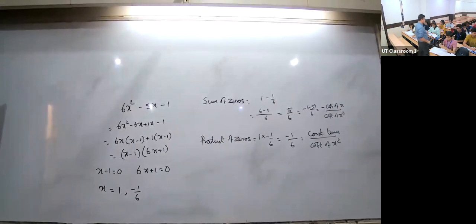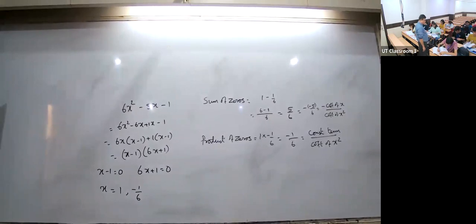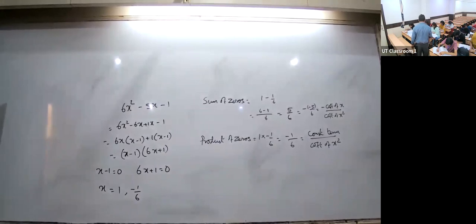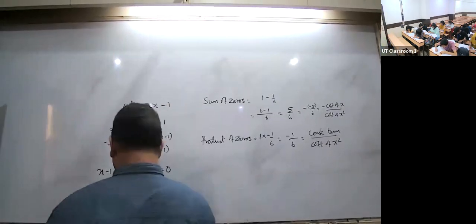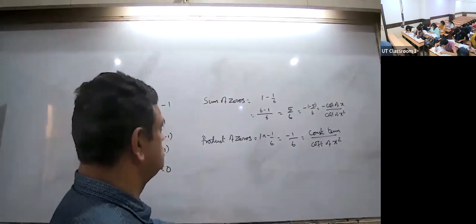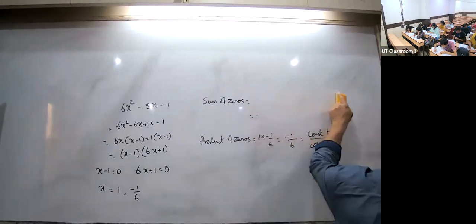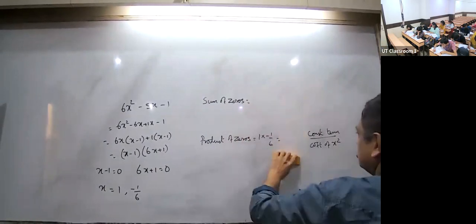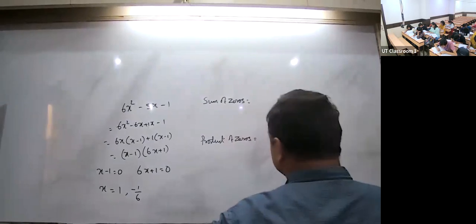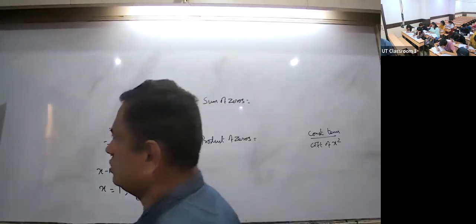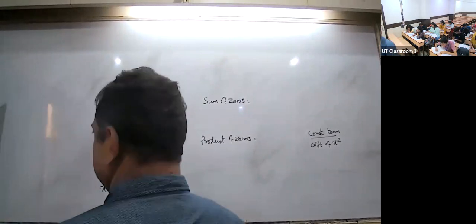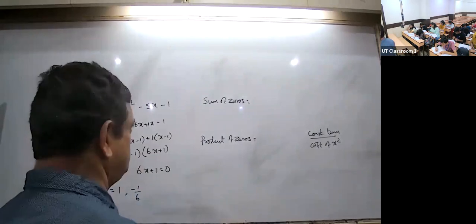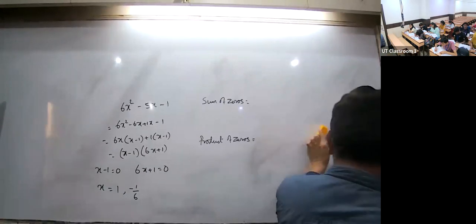So right, the relationship between zeros and coefficients of a quadratic polynomial. Written?